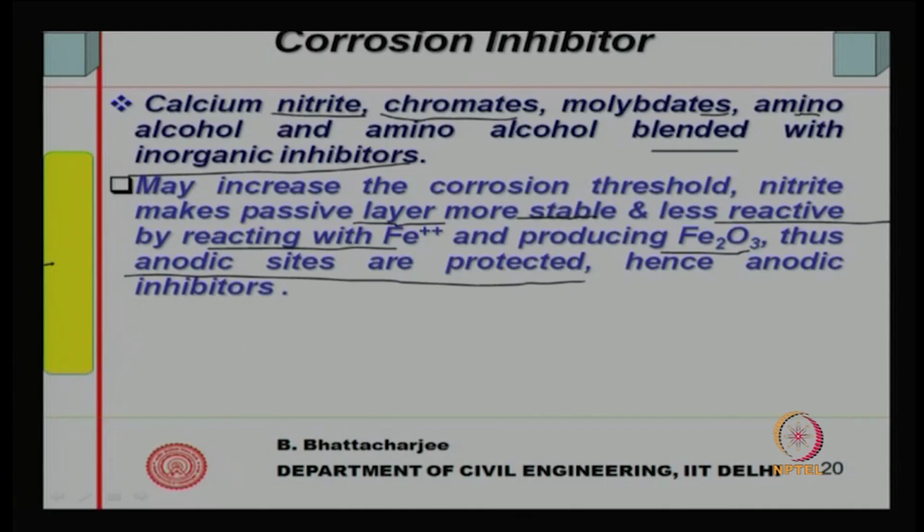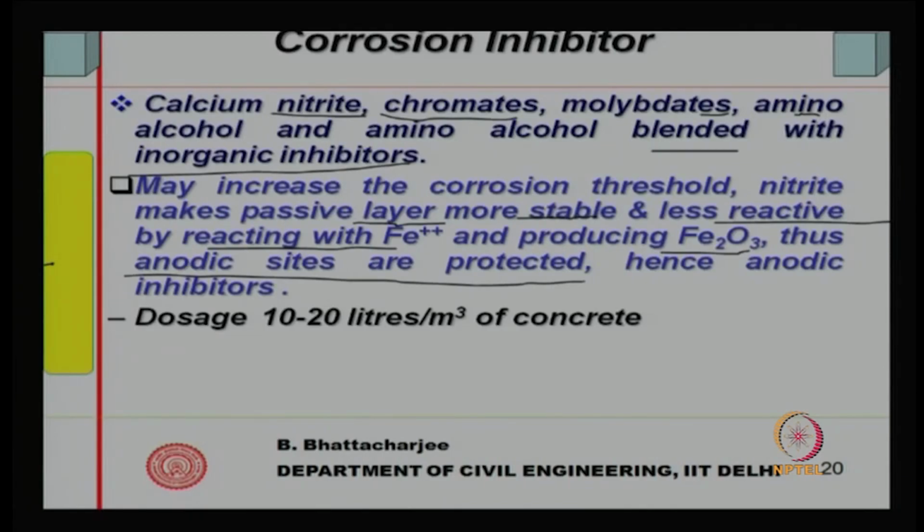So, these are anodic inhibitors. Anodic inhibitors protect the steel by ensuring that stable oxides are formed at the surface of the steel, so that iron does not get dissolved; the protective layer protects it. These are called anodic inhibitors.